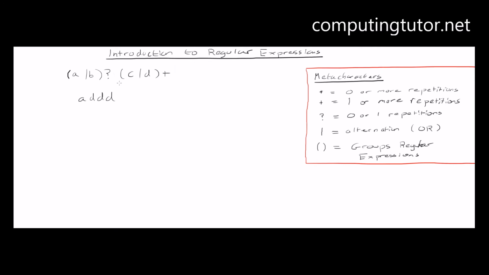And in the second part of my regular expression I've got 1 or more repetitions of C or D, and here I've got 3 repetitions of D, and therefore this string is acceptable.